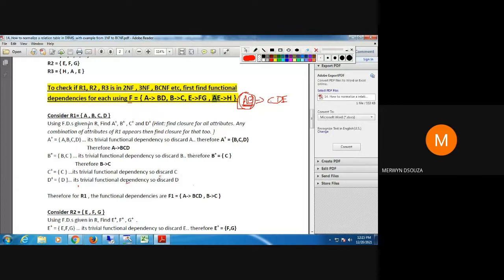E again does not belong to R1, so I will not find AE closure. But instead of E, suppose I had B, or C, or D, or AB, or AC, or AD, then I would have to find that combination's closure. Please keep that in mind.